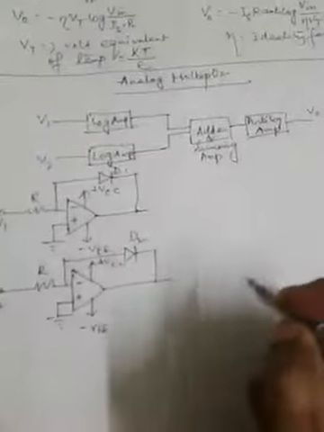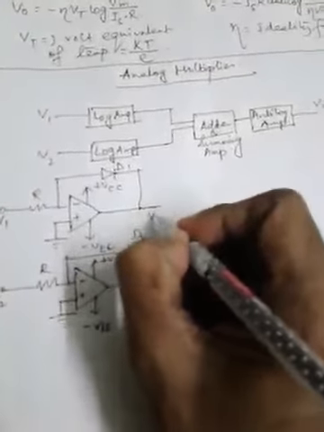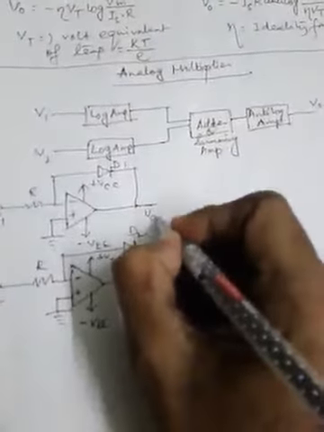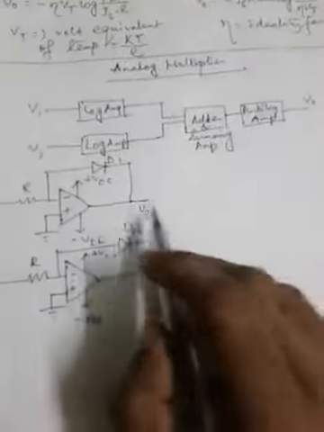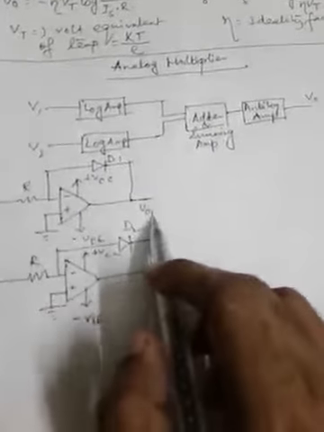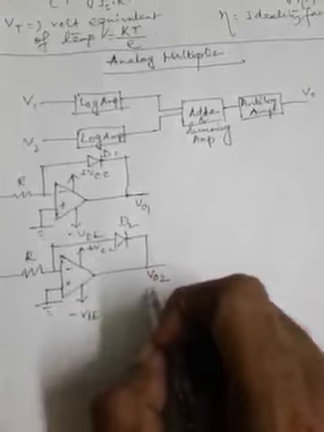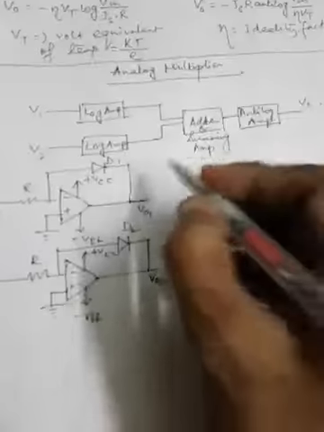Now the output for the first log amplifier is denoted by VO1, and for the second log amplifier as VO2.